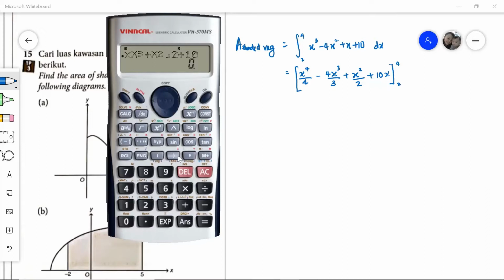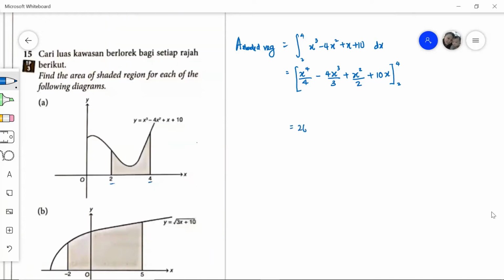So alpha, press this button. We let the calculator do the calculation for us. First we substitute the 4 and then we substitute the 2. So let's key in 4. We have 26 and 2/3.